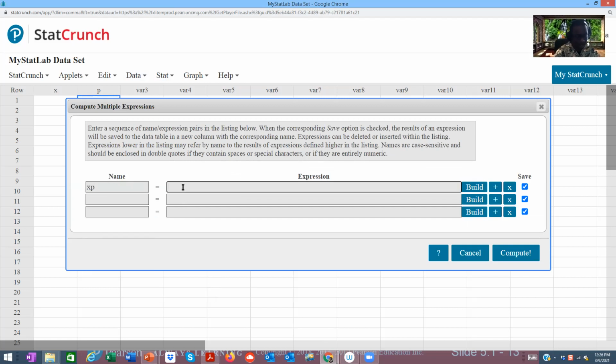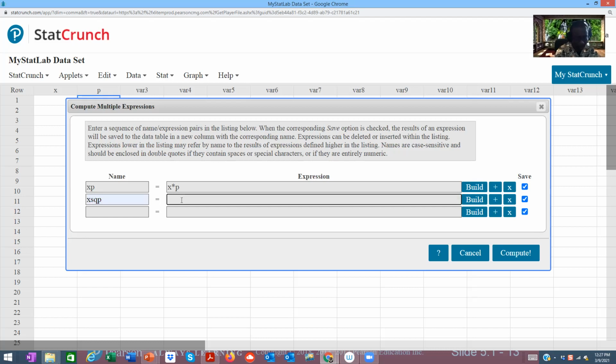And this is the lowercase x, then I use shift 8, that is a times, then the p. That is the first new column, and it will give me the mean. The other one is X squared, so I'll use x and give it a name. I'll call it X squared p.